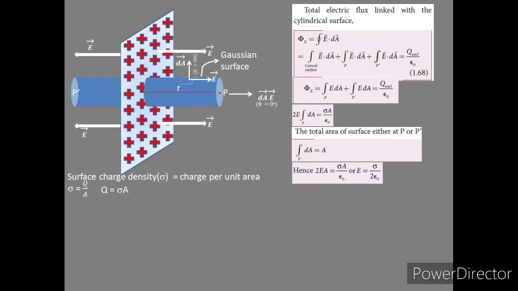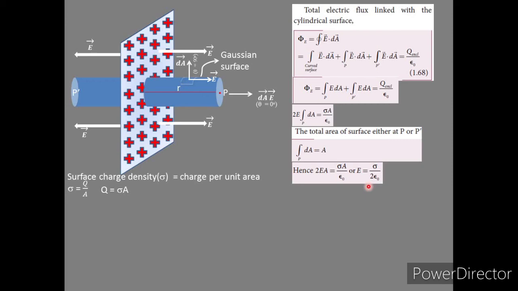Therefore we can cancel A on both sides and bring the 2 to the denominator. The final term, what is our aim, what is our goal? We are going to calculate the electric field intensity or electric field strength or simply electric field at the point P, which is at a distance R. Therefore the final equation will be E equal to sigma by 2 epsilon naught.